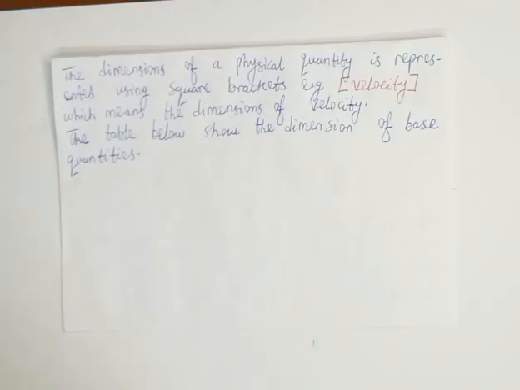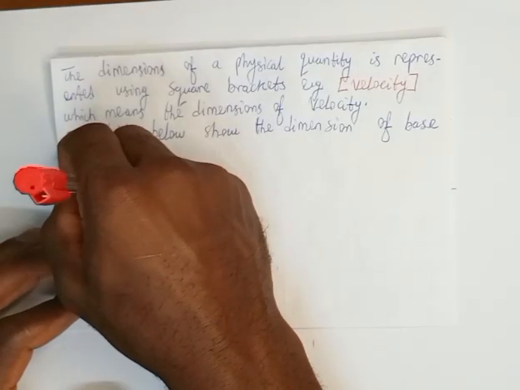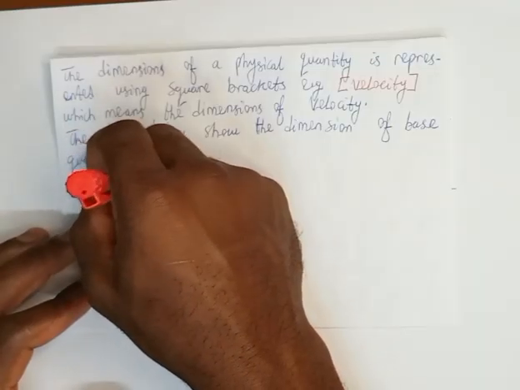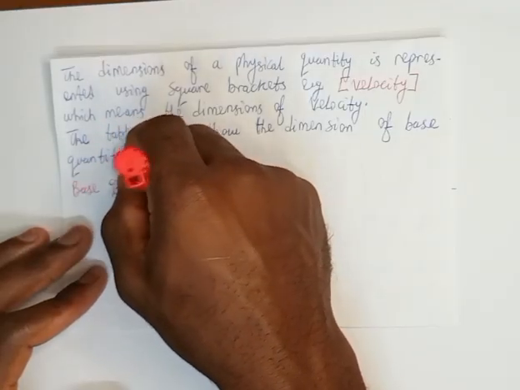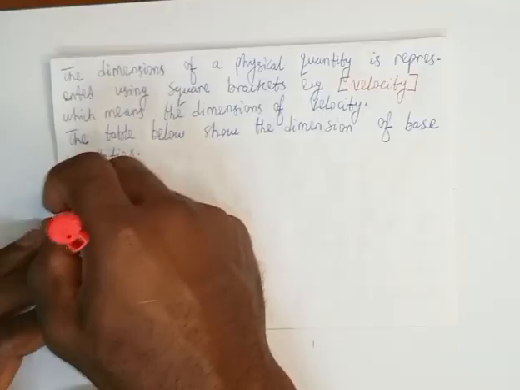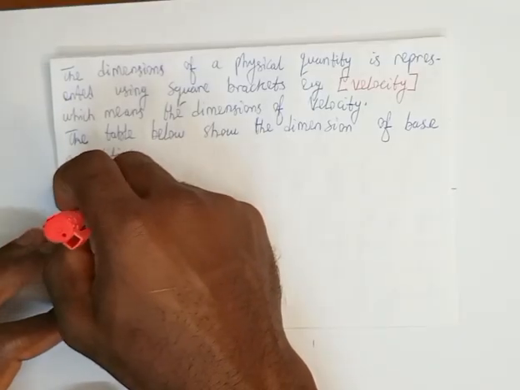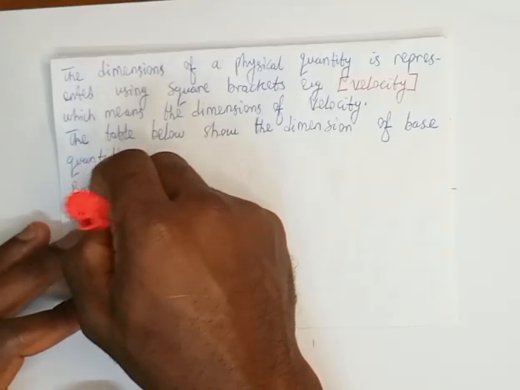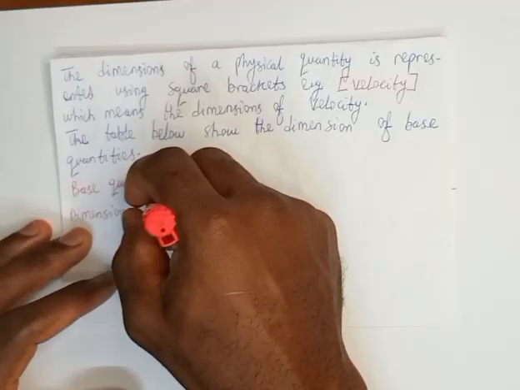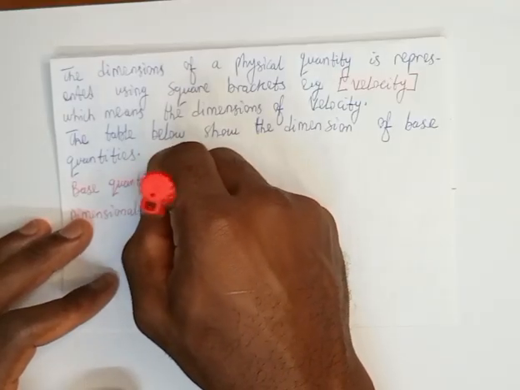The table has two rows. The first row carries the base quantity. The second row carries the dimensional symbol.